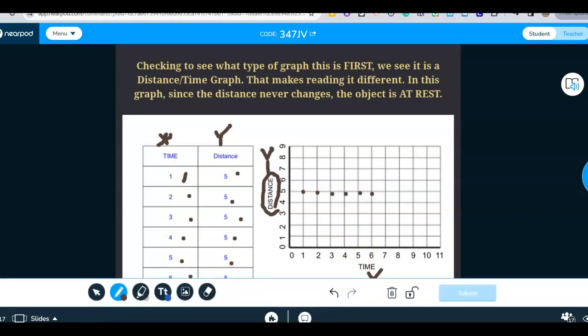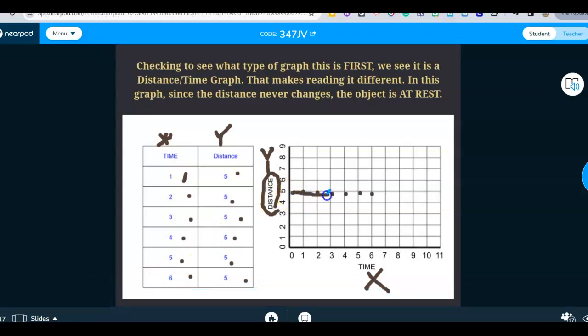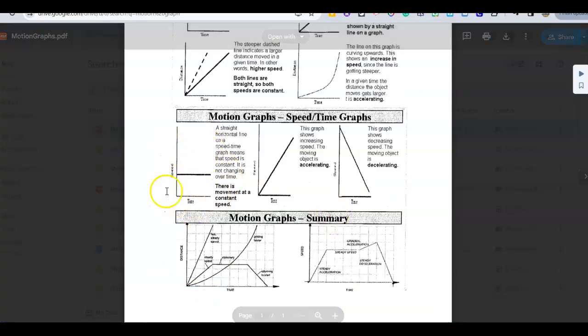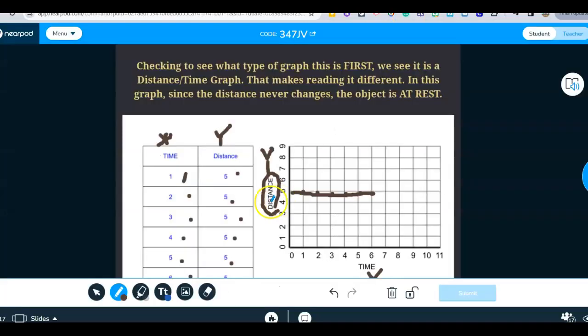Yes? So that was a good question. Do you still graph it the same? Yes, graphing it is going to be the same. However, what this means is completely different because earlier we saw that that meant constant speed, right? But that's not what kind of graph I have. Every time I look at this object, it's standing at 5. It could be 5 of these squares in the room.